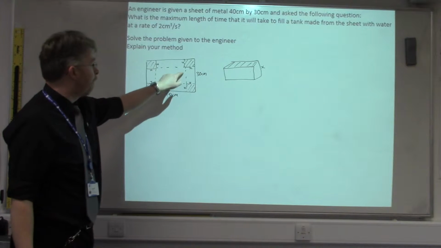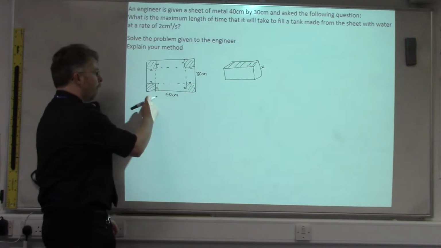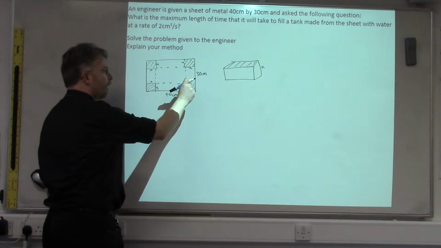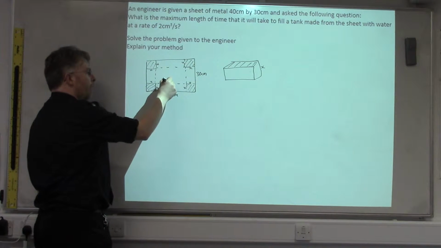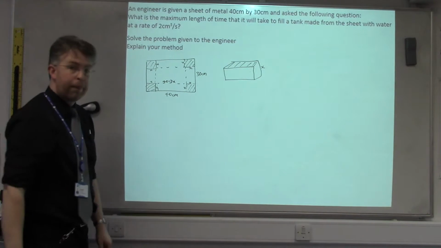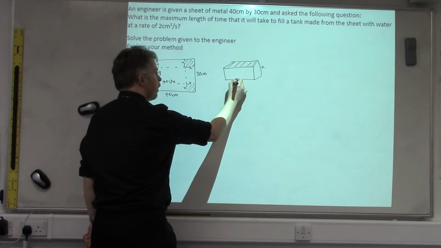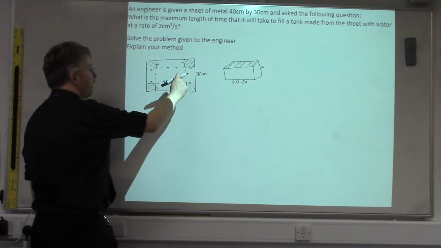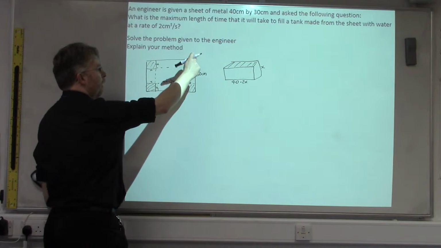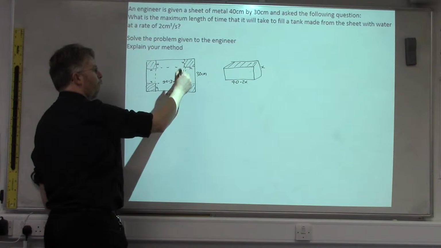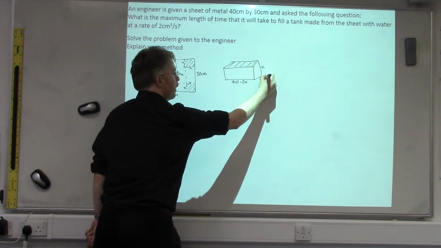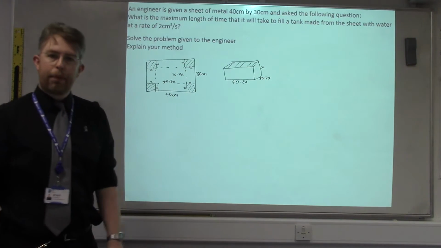So we'll need to know the length of the dotted sides. Now if it's 40 centimetres all the way across, and we're cutting x from that side and x from that side, this length will be 40 minus 2x. And so will that. And this length will be a similar idea, 30 all the way, take away x, 30 take away 2x. This corresponds to this side of the tank.